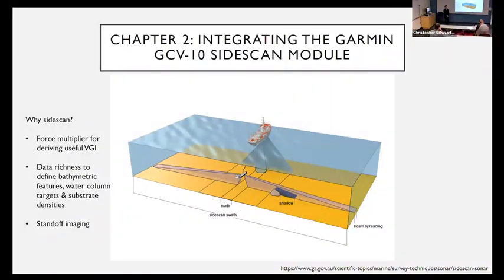So the second major component of this work was integrating a Garmin sidescan module with the TCB system. Sidescan, like I mentioned before, acts as an incredible force multiplier in the TCB context. Instead of collecting single point values, we are now generating imagery of the seafloor, of the water column.